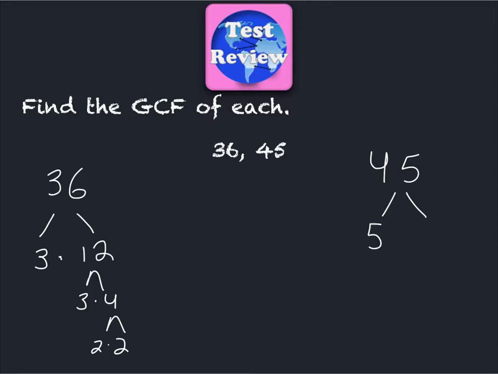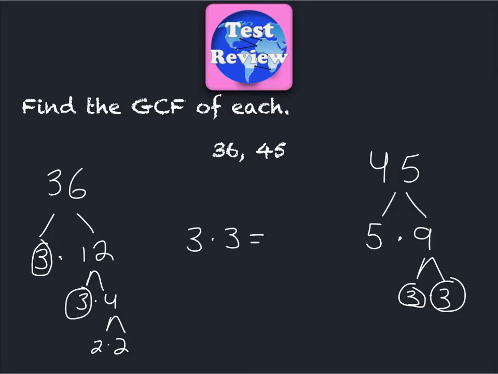So this would be 5 times 9. 5 is already prime, but 9 can be broken up into 3 times 3. Then just remember, you need to circle all of the common prime factors and multiply them. So the greatest common factor of 36 and 45 would simply be 9.